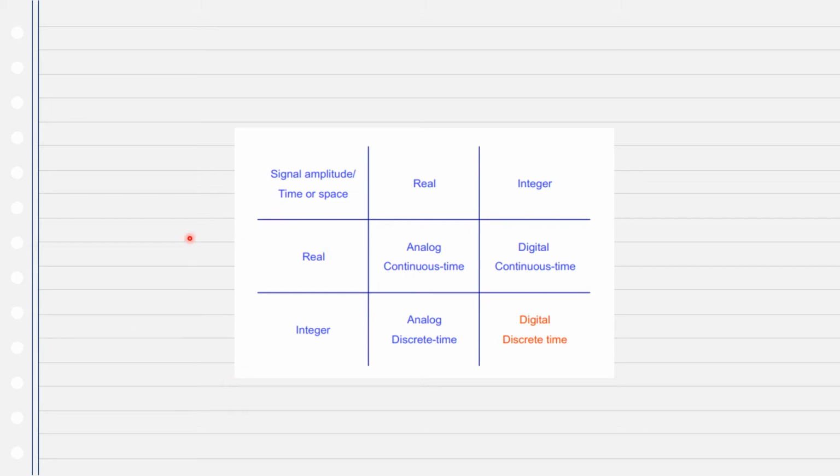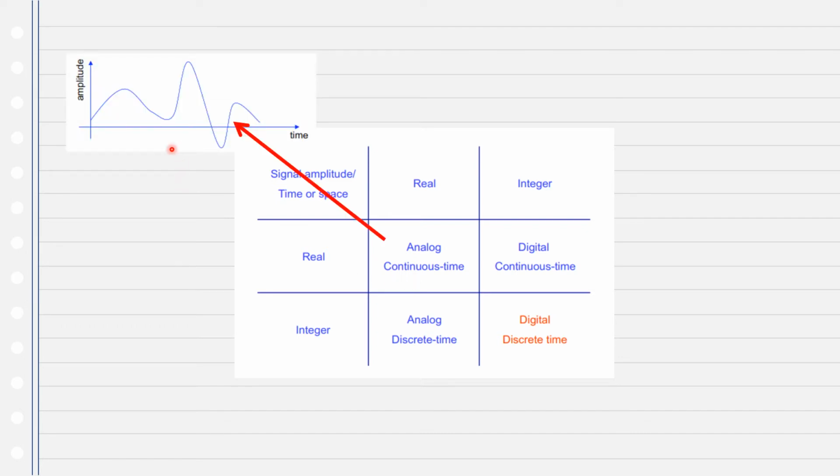When we are naming a signal, we first look at the amplitude, then we look at the time. For example, analog continuous time signals. The first part, analog, refers to the amplitude, and continuous time means that it exists in continuous time, for all range of the horizontal axis.